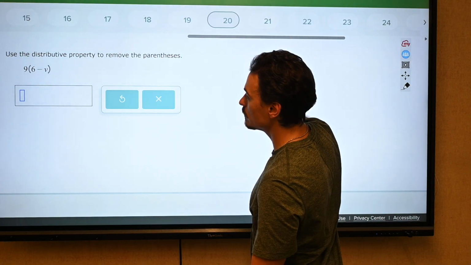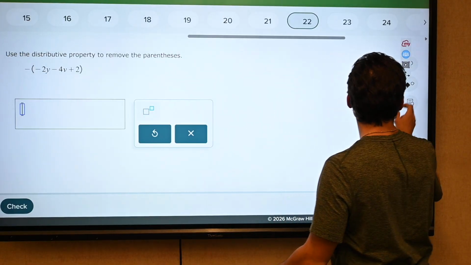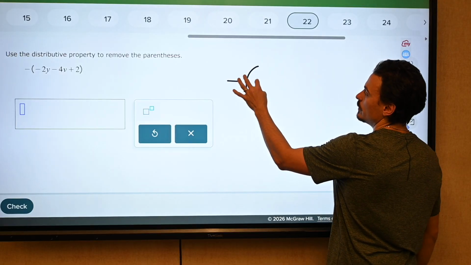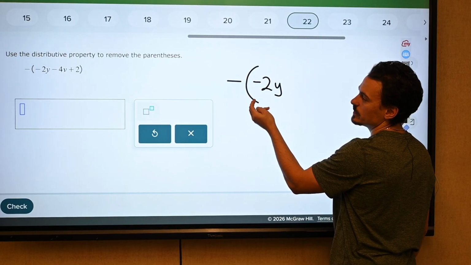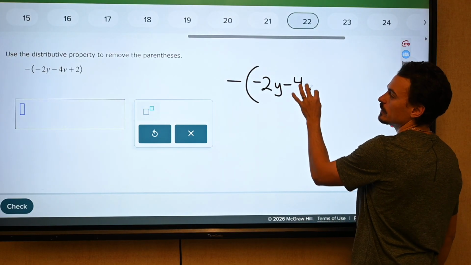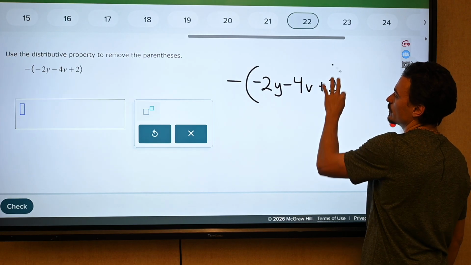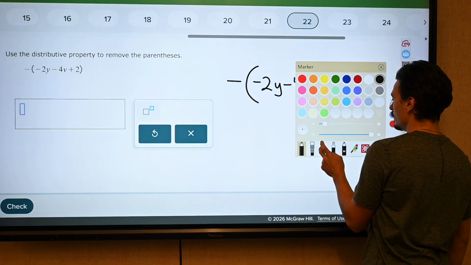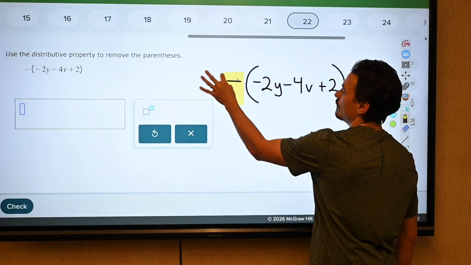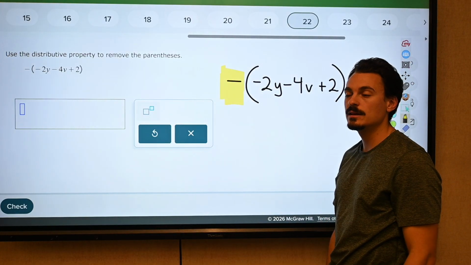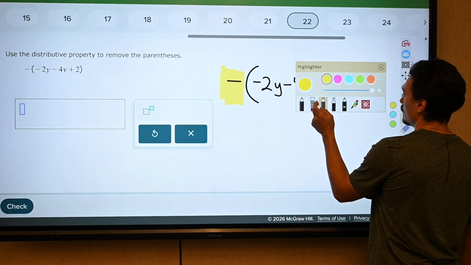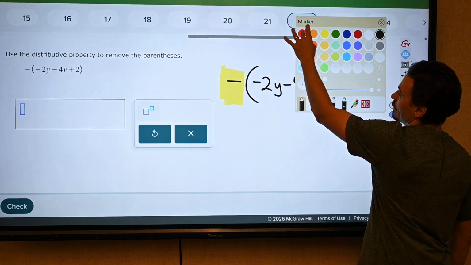22. The reason I wanted to show number 22, you might not have the same question as me. You probably don't, actually, because Alex randomizes your questions. But I just wanted to show you real quick. If you have a negative in front of the parentheses, that means there's a negative 1 there. We just don't write the 1.